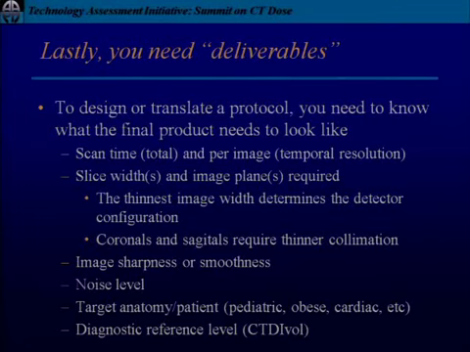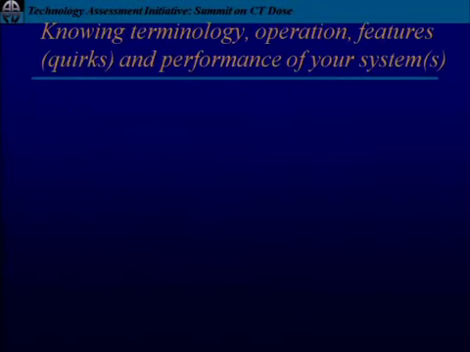So if we do a survey and ask what everyone uses for their biphase liver, and we map that distribution of CTDI vols, which is a metric of the scanner output, not the dose to any patient, and we ask how much people are putting out of their scanner, you get some distribution, and the diagnostic reference level is that 75th percentile. And if you know that, you can program things and say, I would like to be below that, or else have a really good reason to be above that.